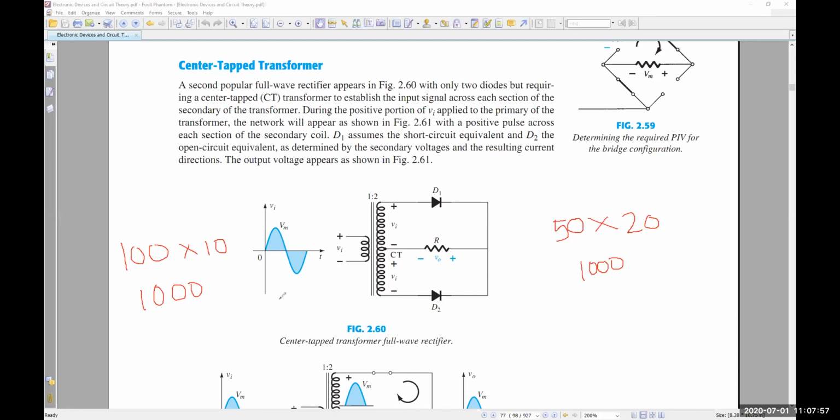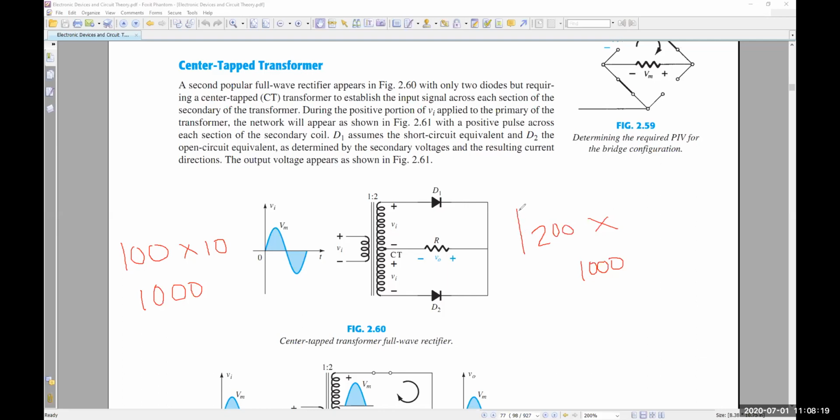So what you have done, you decreased the voltage and increased the current. So that is a step down. Now what will happen if I do the opposite? If I make the voltage double, that means 200.